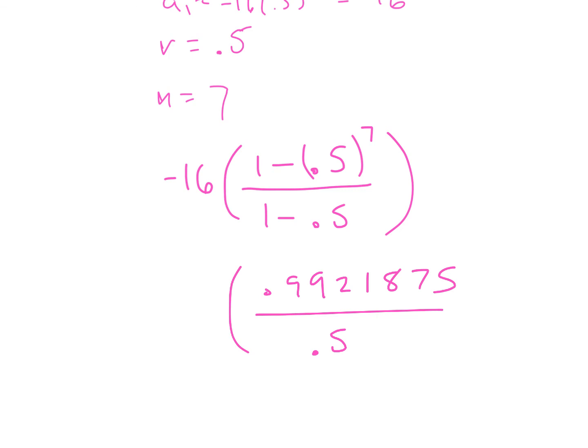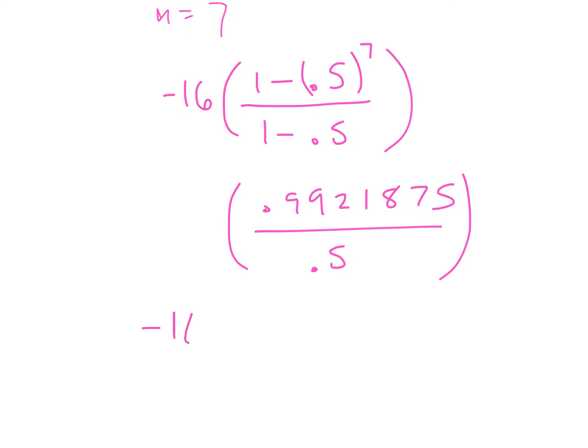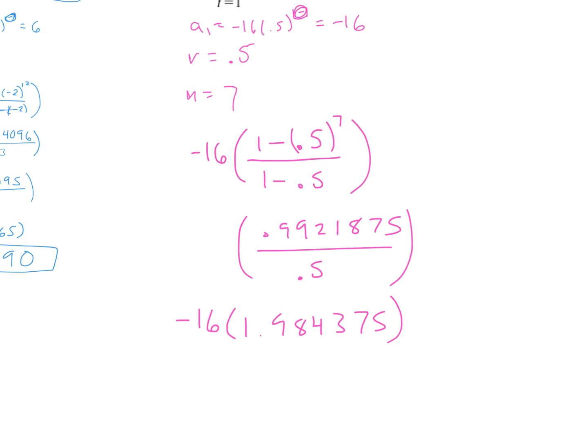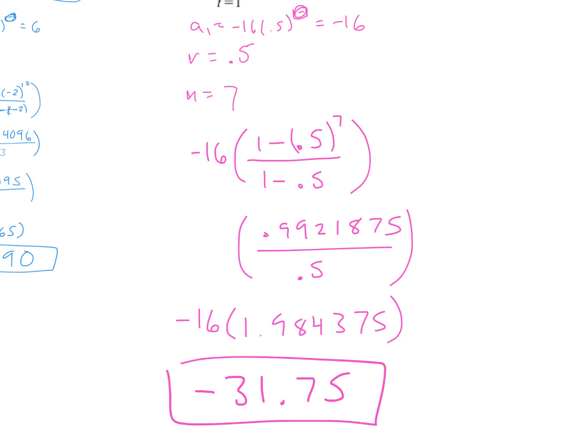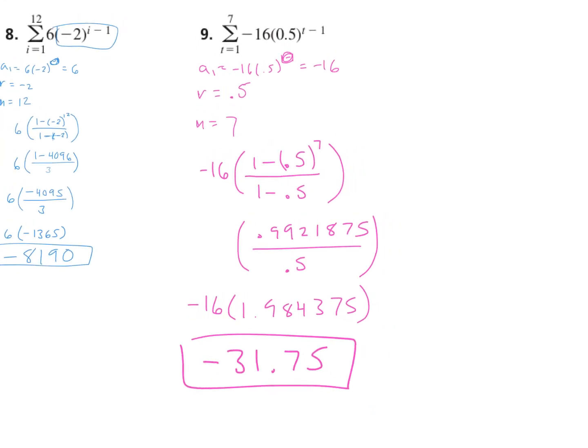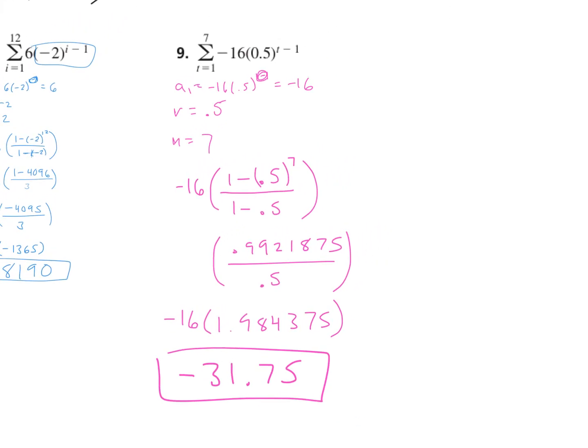So divide that by 0.5, and that would give us 1.984375. And then just multiply that times negative 16. So that would be negative 31.75. And that's our answer.